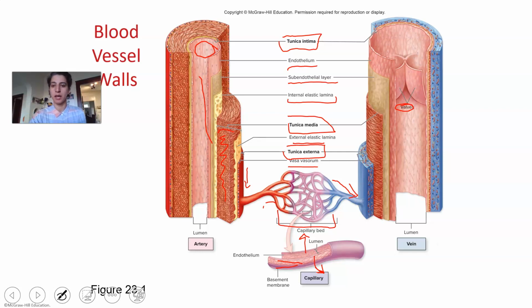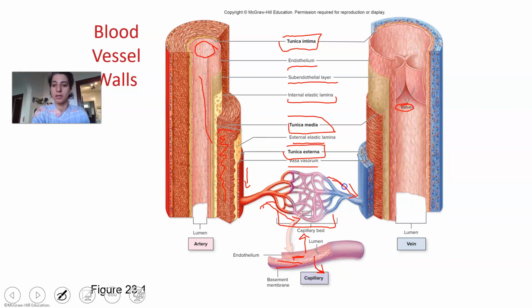But one thing to note is that blood is going to move really slowly once it gets to these really, really highly branched capillary beds. You want the blood to move slow enough because gas exchange happens via diffusion. You want the blood inside the lumen to equilibrate with the fluid outside of the lumen, where you're going to have oxygen diffusion out of the capillary beds and carbon dioxide diffusion back into the capillary beds.